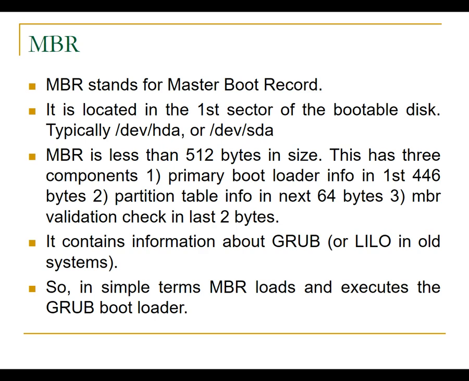Internally, MBR is divided into three different components: the first is the primary bootloader, the second is the partition table, and the third is validation for checking the MBR. All these three components have their specific size, where the primary bootloader, component number 1, takes 446 bytes.